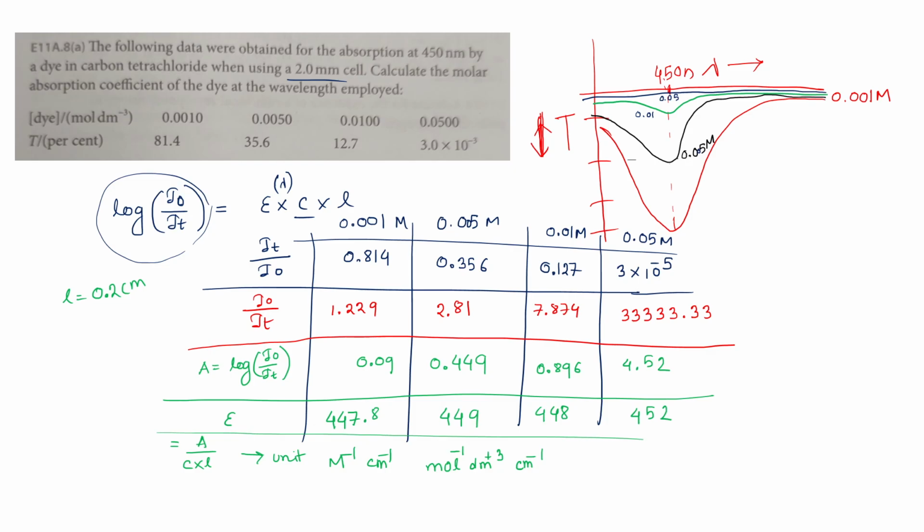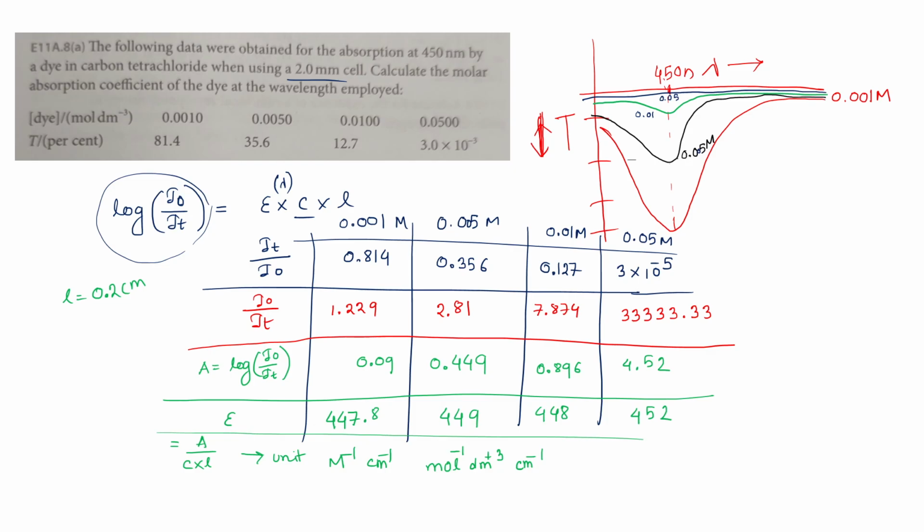That is why it can change a little bit, not too much, and that is not due to aggregation. Don't think about that. If some aggregation is happening, that aggregate is a new species, and it will have a totally different epsilon value. It may be close, but generally the epsilon value simply decreases.